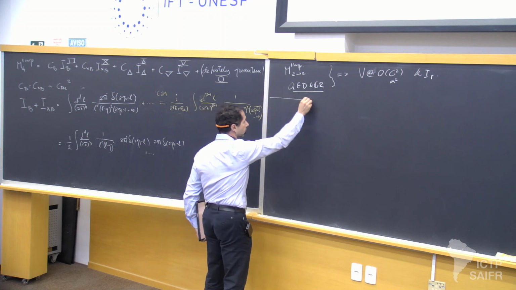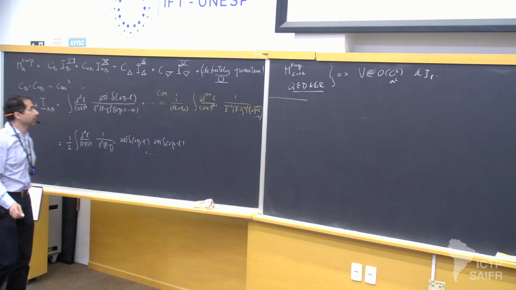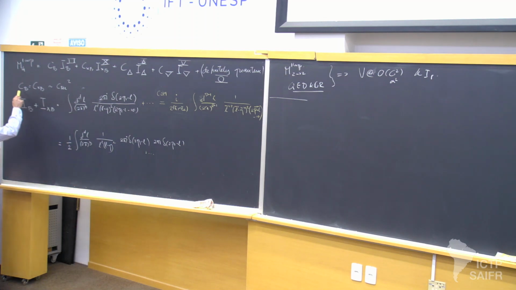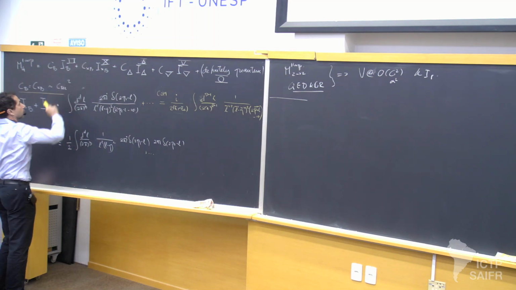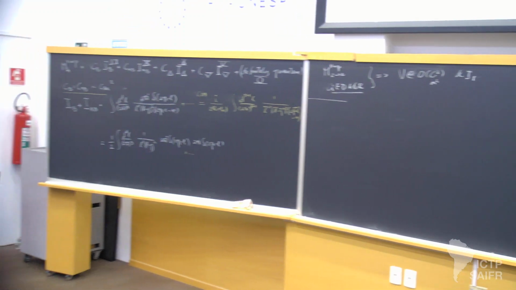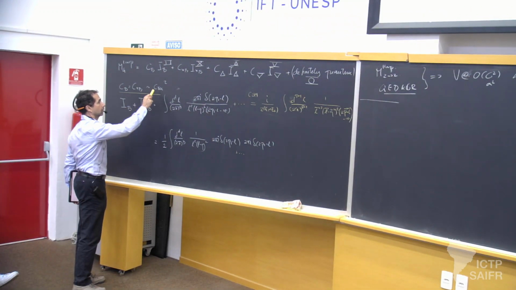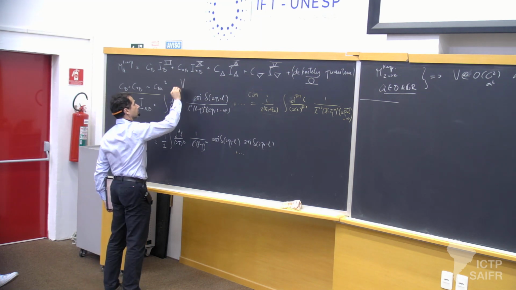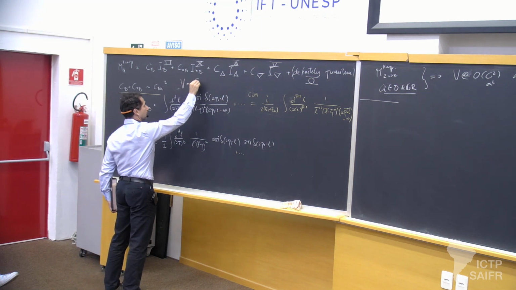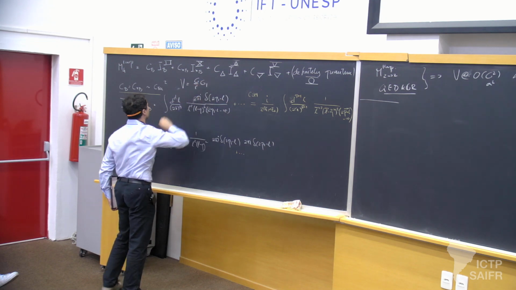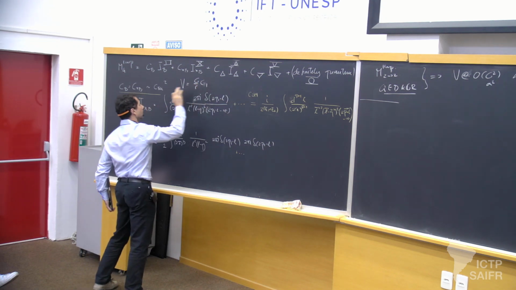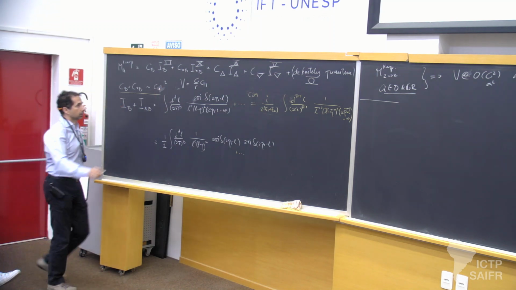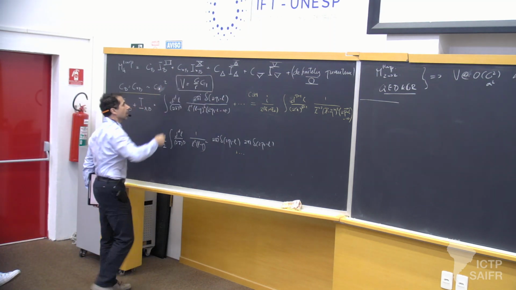So in preparation for this, yesterday we made use of this interesting observation that in the classical limit, the coefficients of the box and of the cross-box integral are equal, and they're also proportional to the coefficient of the tree-level potential, this is C1 squared.